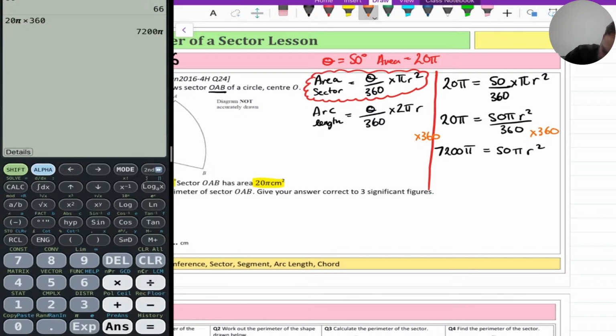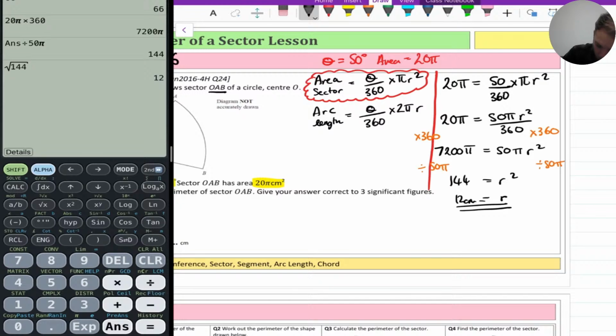So then we need to divide both sides by 50 pi. That gives 144 is equal to r squared. And then the last little stage, I need to square root my answer. The square root of 144, so r is equal to 12. And there we go, that's the hard part there.